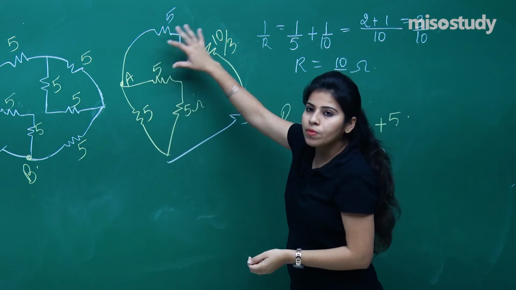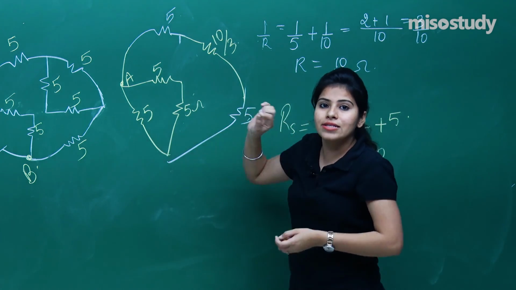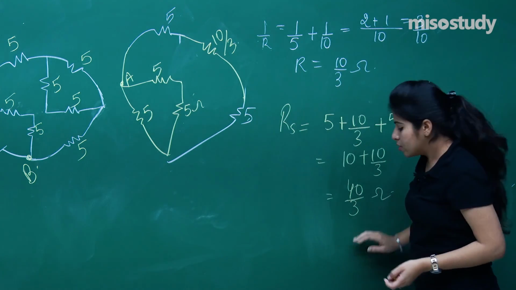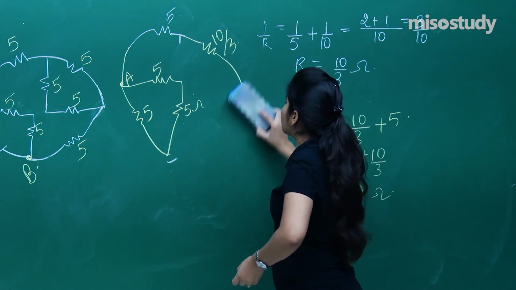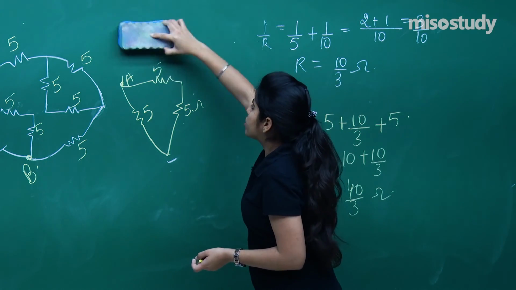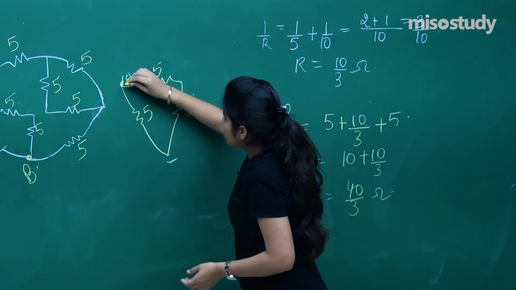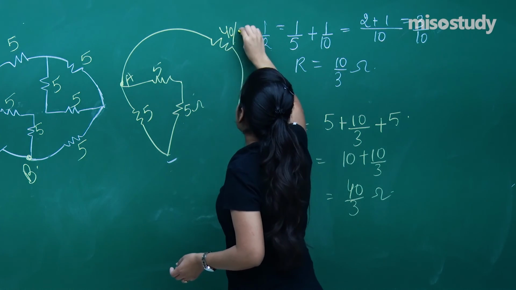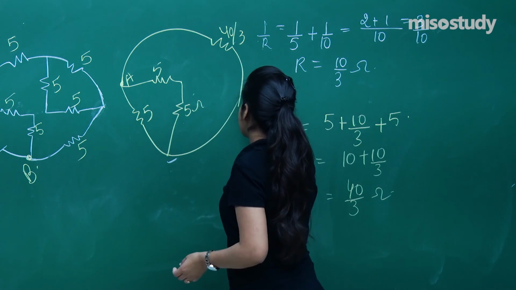So I am going to remove this complete portion and instead write 40 by 3 ohm. So this is nothing but a 40 by 3 ohm resistance.